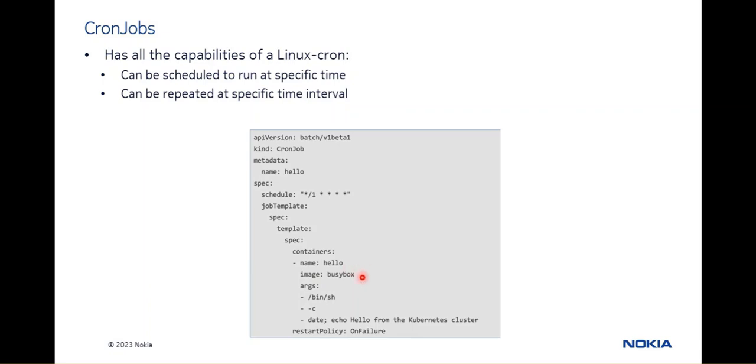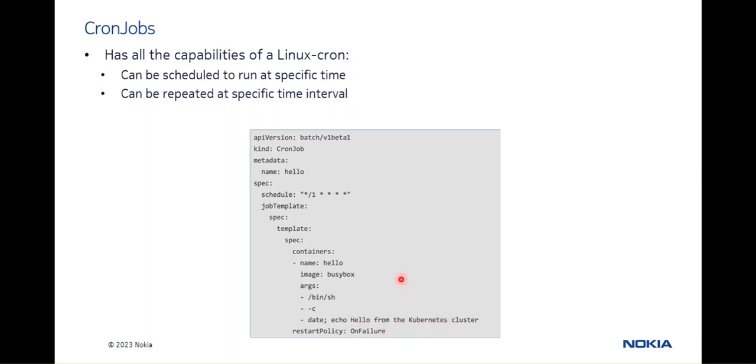The name of the container is hello. As soon as we start the container in the pod with this image, we pass these parameters to the container. Basically, we run a shell inside the container, get the date, and type this message: echo hello from the Kubernetes cluster.